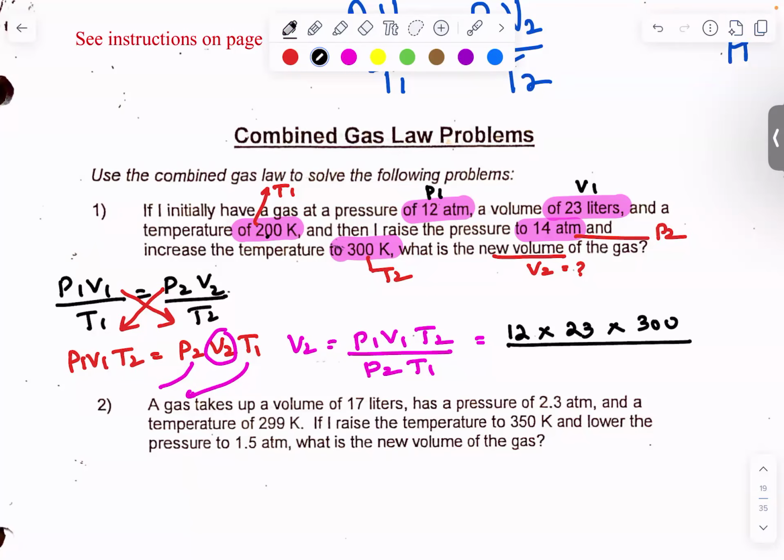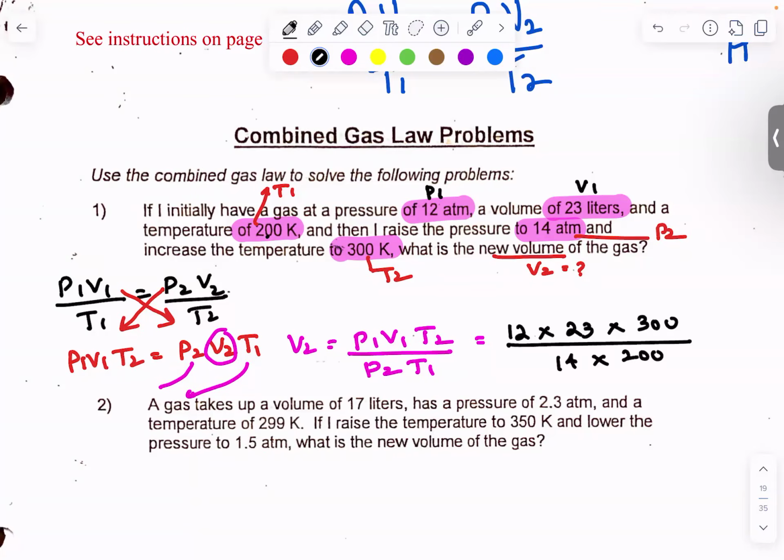300 Kelvin over P2 is 14 times T1 is 200 Kelvin. So this would be 12 times 23 times 300 over 14 times 200.